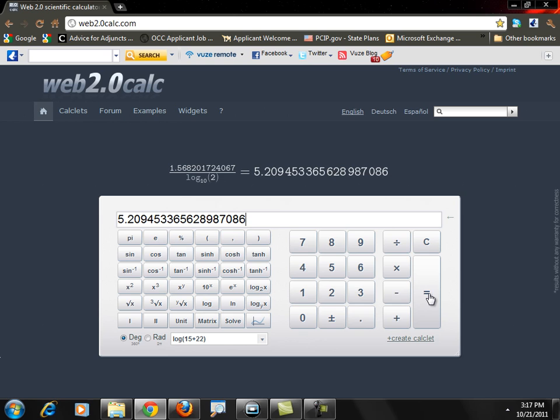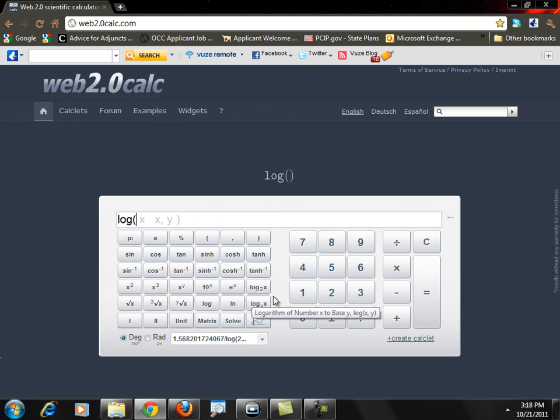Okay. And then the outcome, that doesn't look right. I'm going to enter again. We had log 15, which should be a little bit more than 1 because 10 to some power is 15. 10 to the first is 10, 10 squared is 100, so 1 point something.